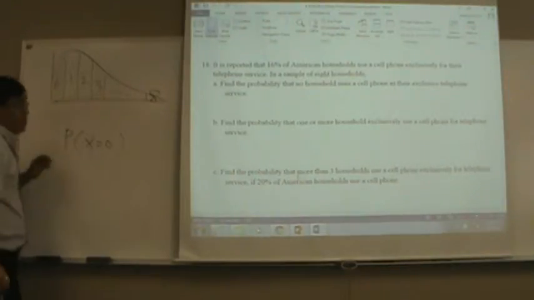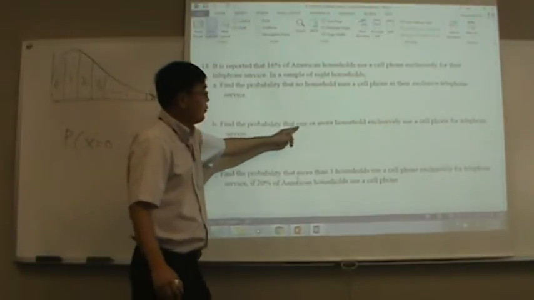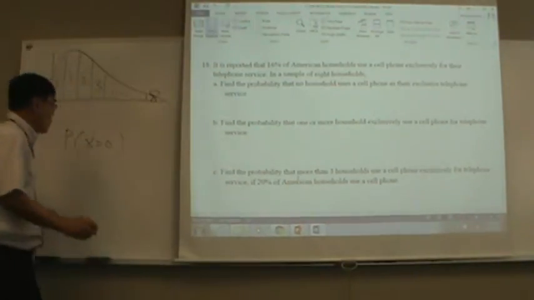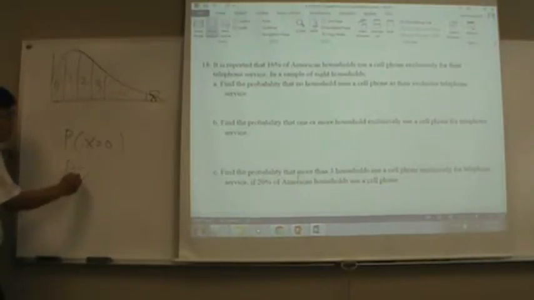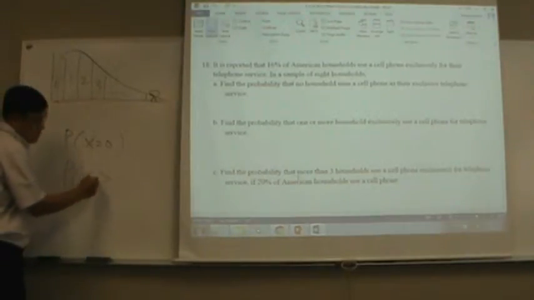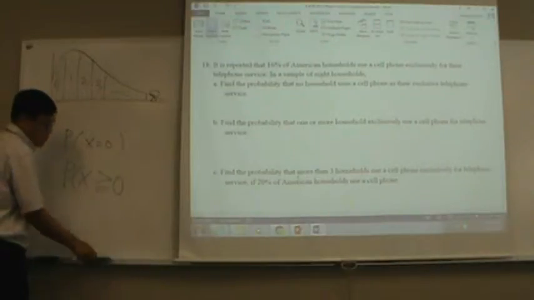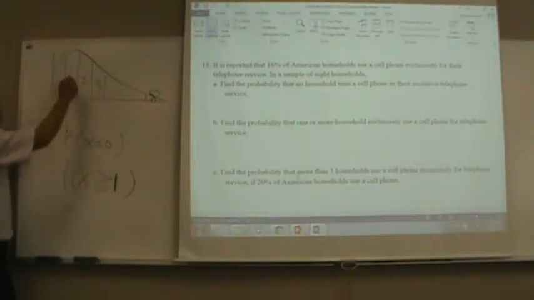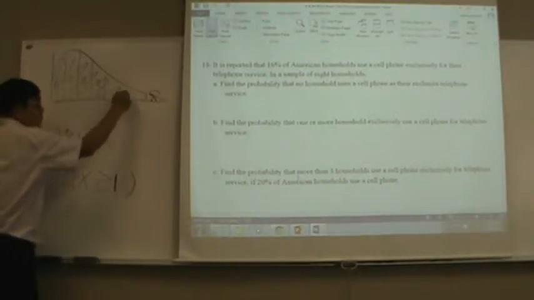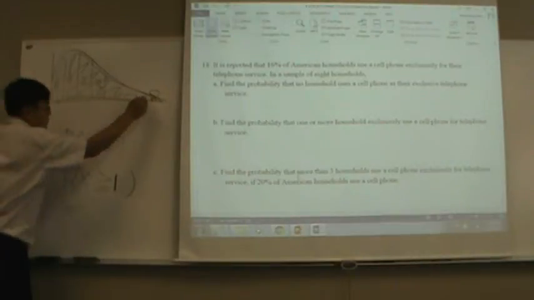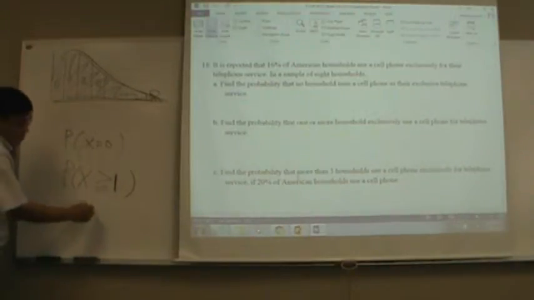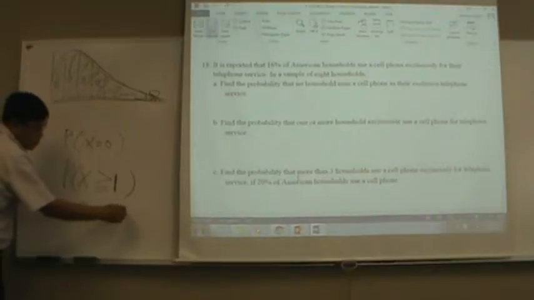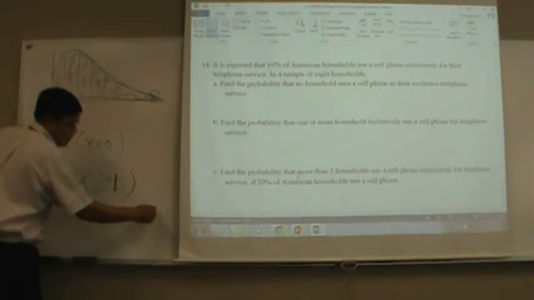But in this question, find the probability that one or more, probability x greater than or equal to 1. That is, including 1, 2, 3, 4, 5 up to 8, this area, P1 plus P2 plus up to P8.